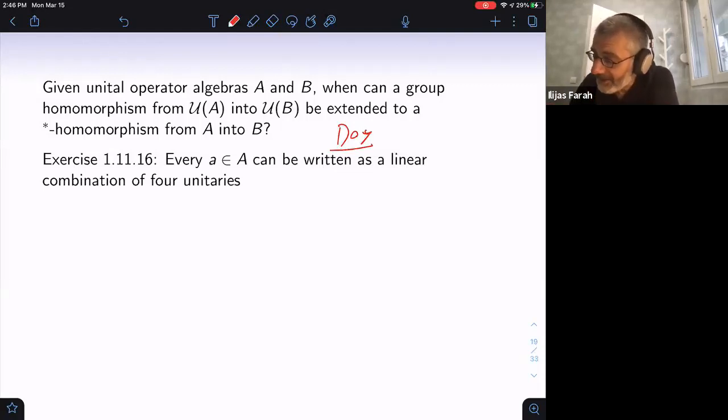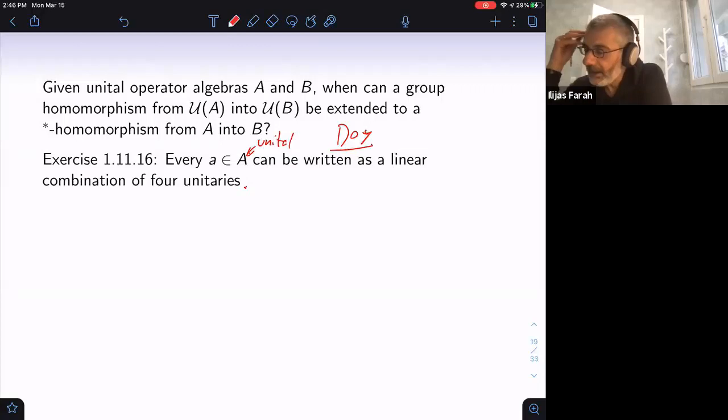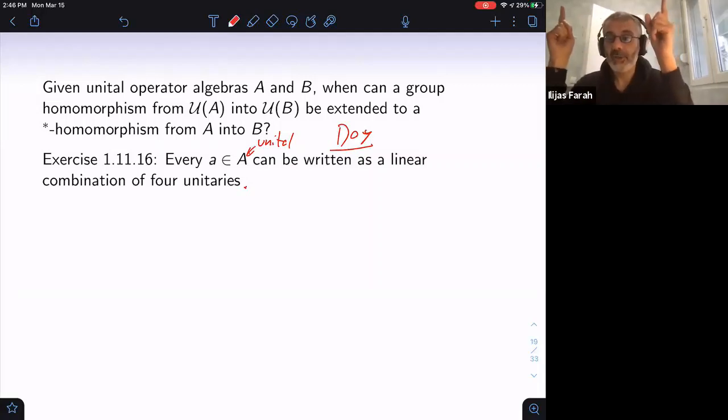And here is an exercise which actually serves as a somewhat misleading hint. Every element of a C-star algebra, of course you need to assume that the C-star algebra is unital, can be written as a linear combination of 4 unitaries. Why is that so? Well, first you can write A as a linear combination of 2 self-adjoints, its real and imaginary part.